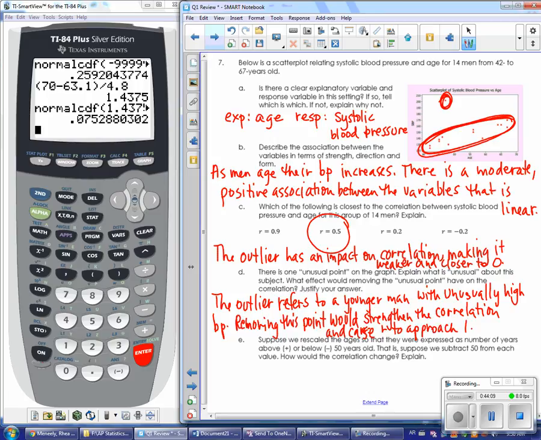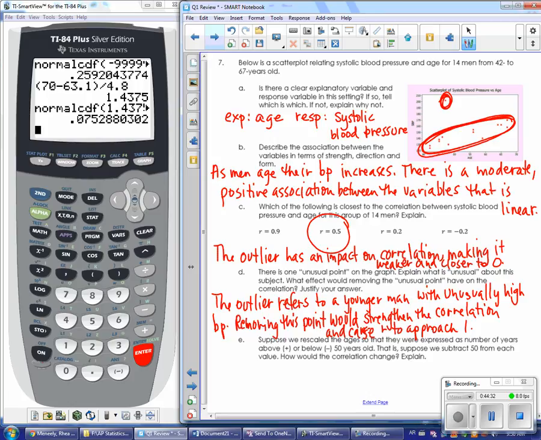Okay. In letter E, it says, suppose we rescaled the ages so that they were expressed as number of years above or below 50 years old. That is, suppose we subtract 50 from each value. Would the correlation change? Well, remember, the correlation is calculated from standardizing all the x values and standardizing all the y values.